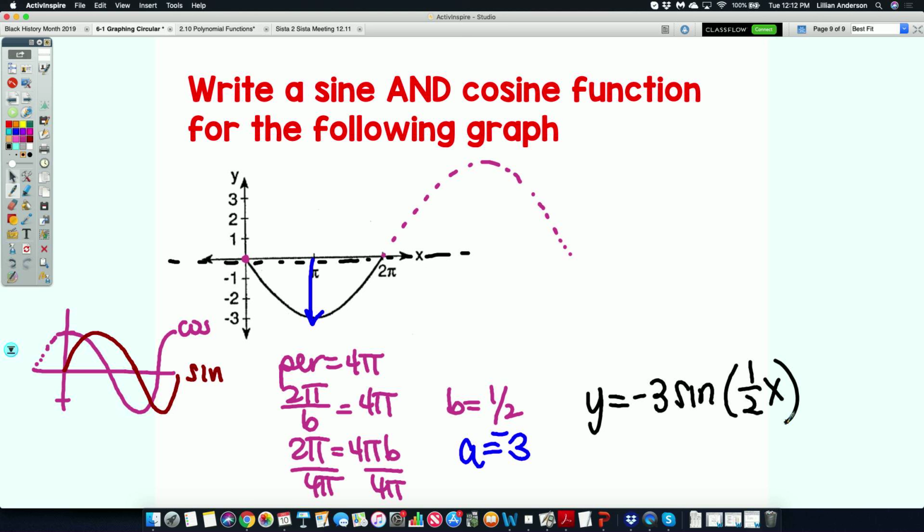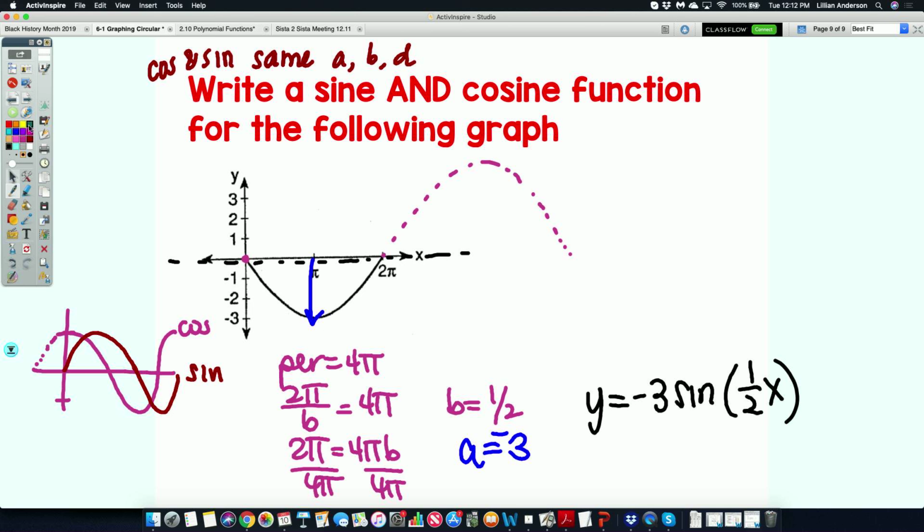Now to write the cosine function. Remember what I said, cosine has the same A, the same B, and the same D as your sine function. Cosine and sine have the same what? A, B, and D. So if I ask you to write a cosine function after you wrote a sine function, those 3 things are going to stay the same.